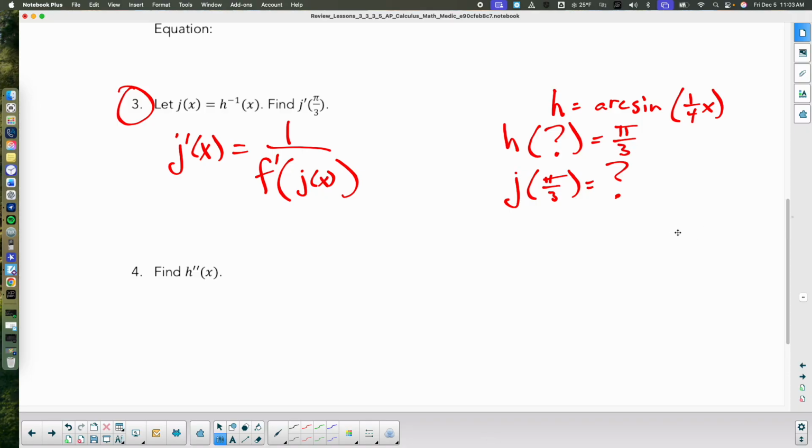That's how they would be inverse. So I need to find out, when is arcsine of 1/4 x equal to pi thirds? Okay, since it's positive pi thirds, I'm going to draw a triangle in quadrant 1.